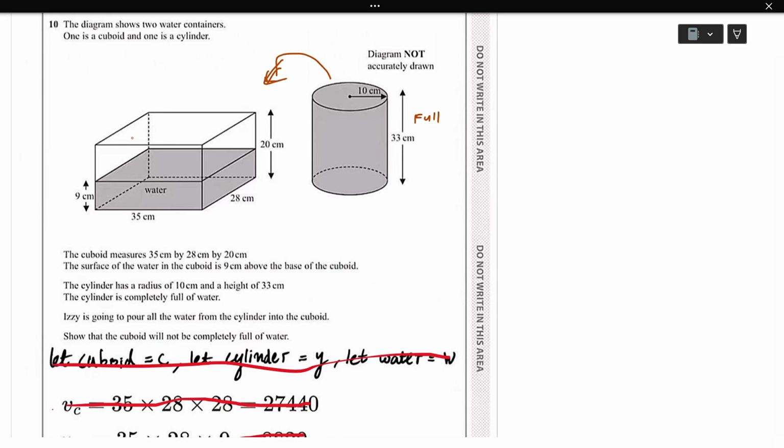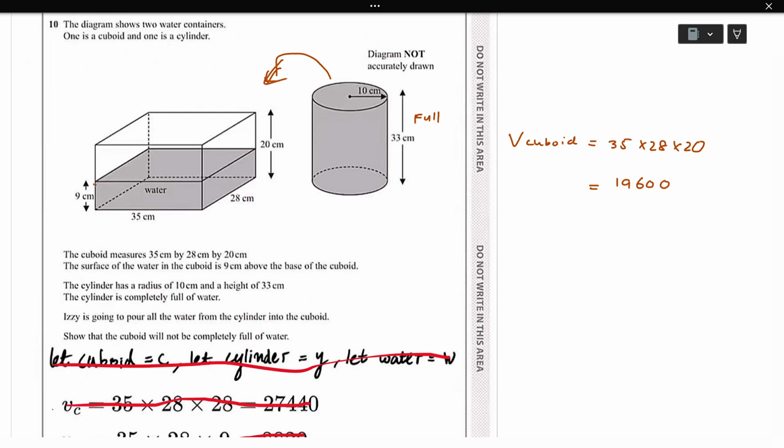So first I'll find the full capacity of the cuboid. So I'll find the volume of the cuboid: 35 times 28 times 20. The answer is going to be 19600. Next, I'll find the volume of only the cuboid water.